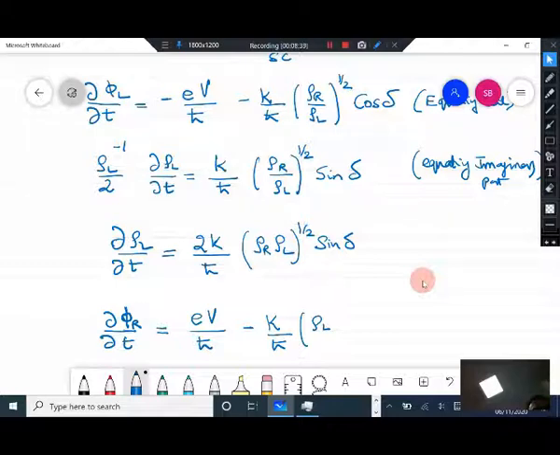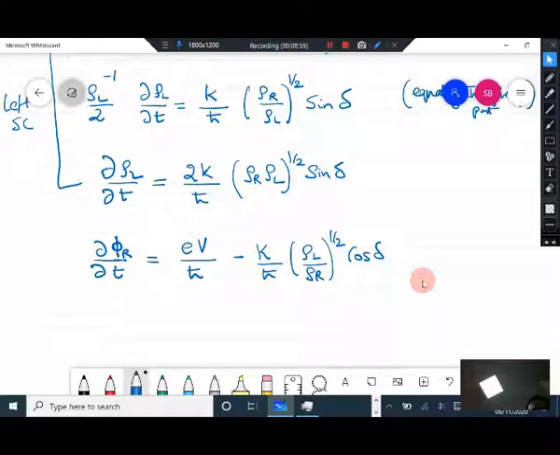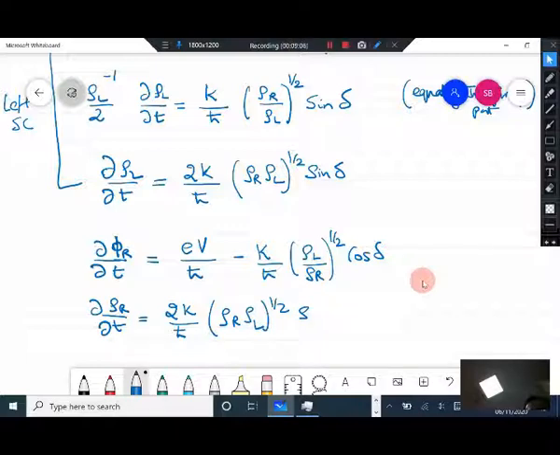These two equations are for the left superconductor, and for the right superconductor, of course, this will just reverse: rho R rho L raised to half cos delta, and del rho R by del t is equal to 2K by h cross rho R rho L raised to half sin delta. This is for the right superconductor.